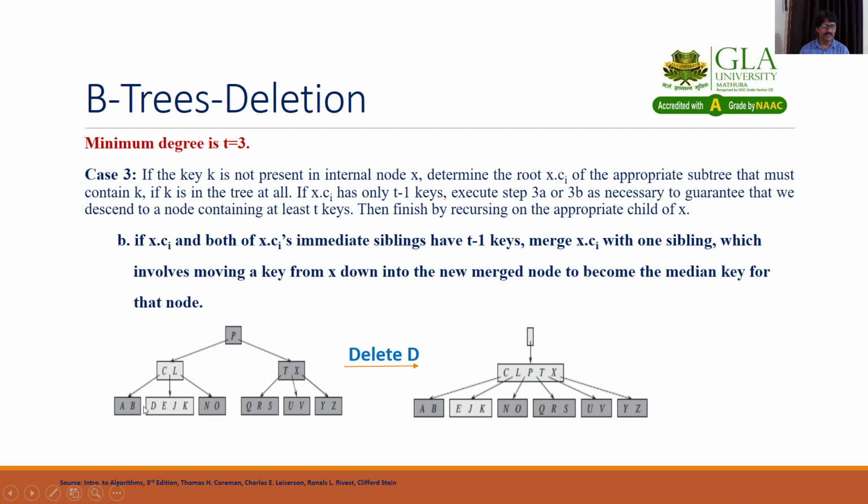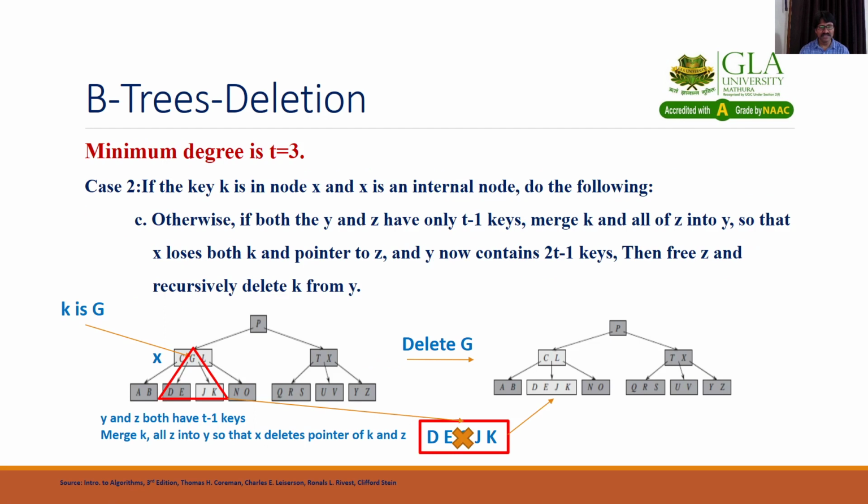But before that, if you are going to delete from the leaf node, then first you have to check the root's children. In the previous examples I have taken, one child had 3 elements and the other had T minus 1 elements.